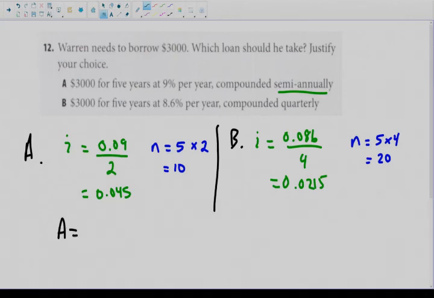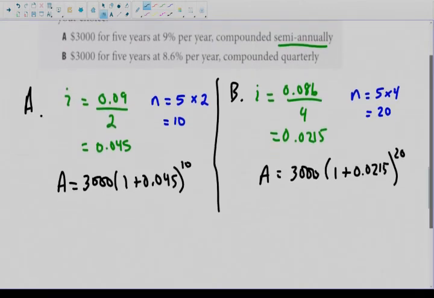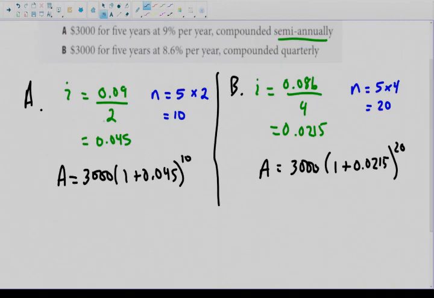So A is equal to P times 1 plus I to the power of N. And over here, A is equal to same money, $3,000, different interest, different N. Any guesses as to which one's going to be lower and which one's going to be higher?